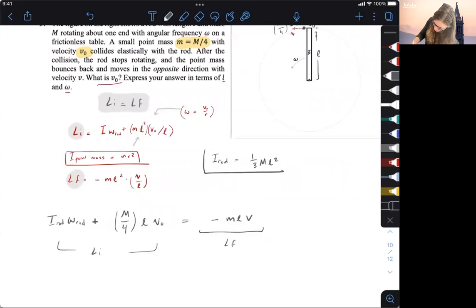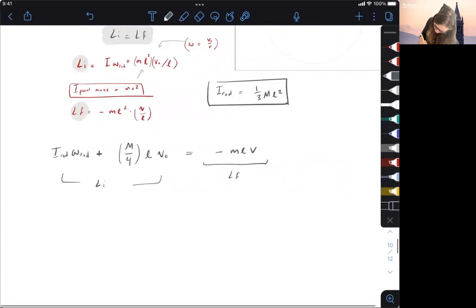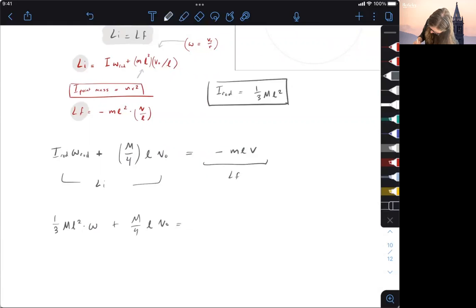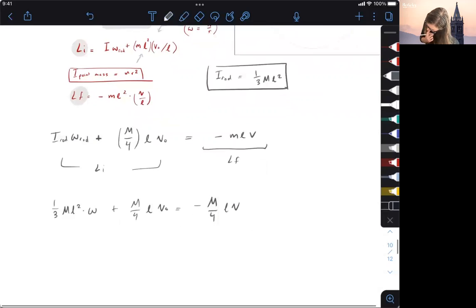Because it's just the mass moment of inertia for a rod. So 1/3 ml squared, and then we'll plug in the big M over 4, right? And then we have W plus M over 4 times L V naught is equal to negative big M over 4, L times V.